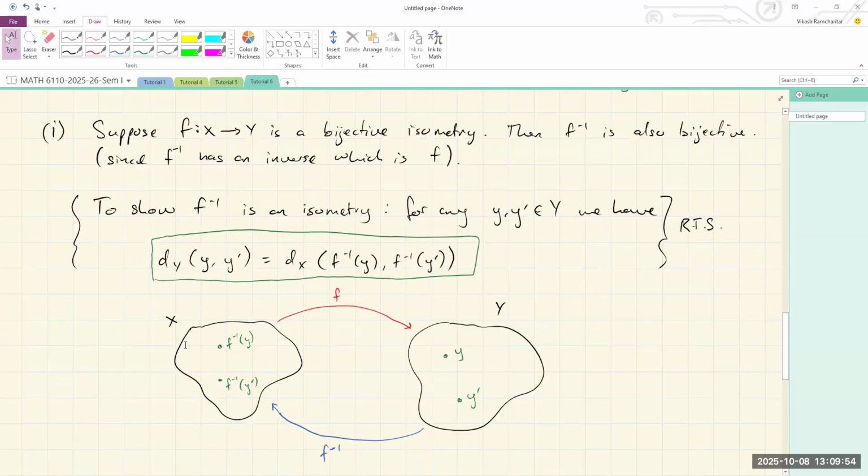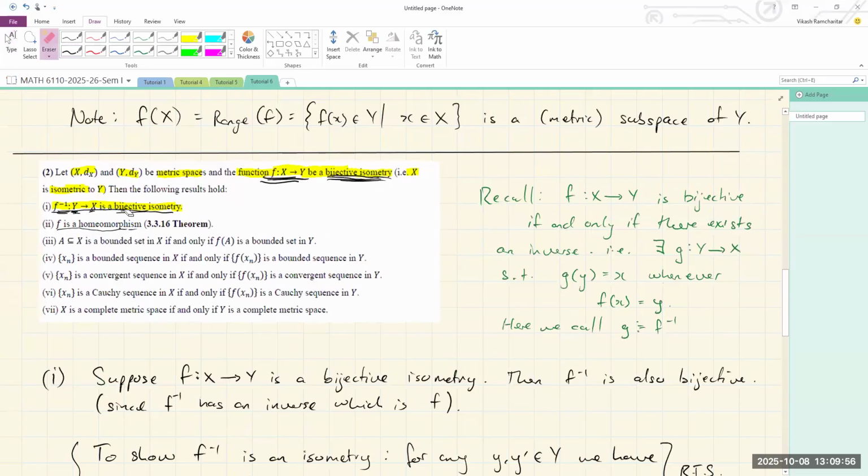So the second part, check. Now the third part, we're essentially going to use the third part to prove the others. I know it looks like a lot, but from this third part, each of these is going to follow.